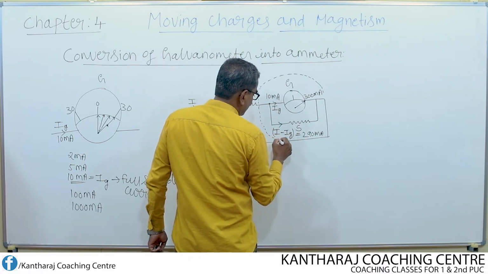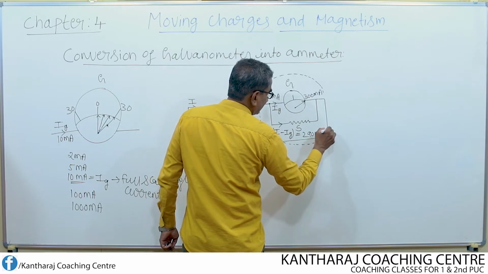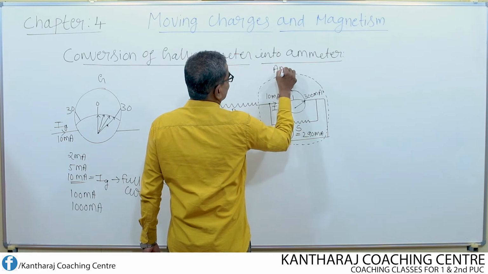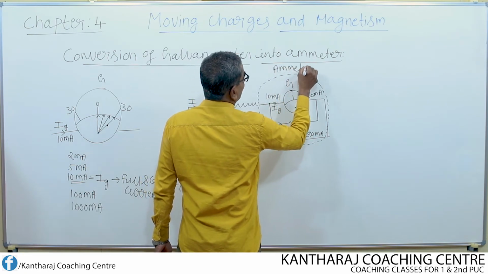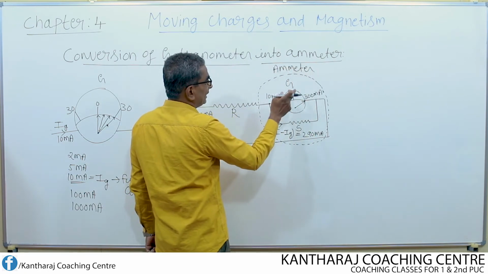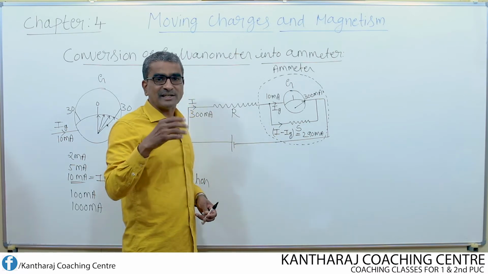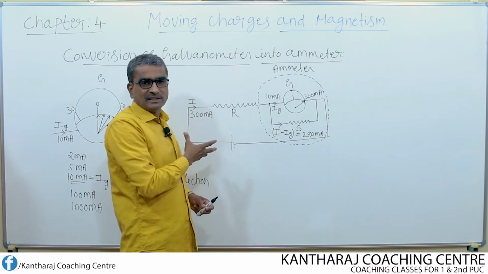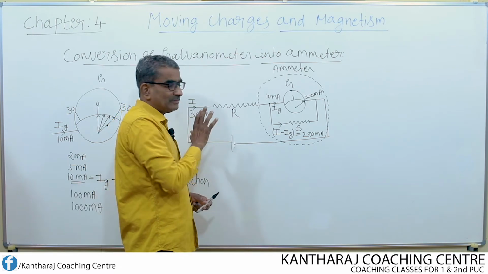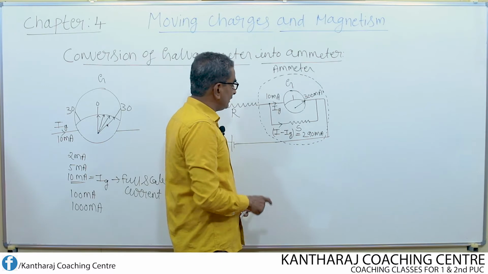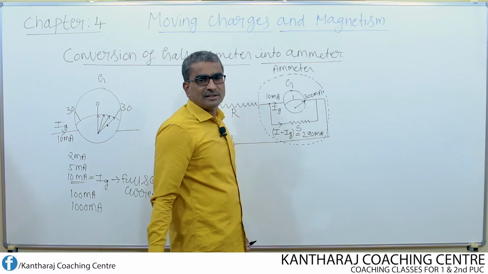Now this entire thing will act like an ammeter. So this is how we convert a galvanometer into an ammeter to measure the current of the desired range. What is the desired range here? 300 milliamps is the current which is to be measured. For that we connected it.